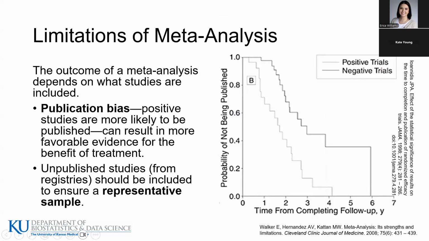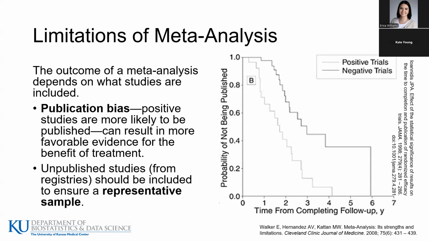Meta-analyses are not without limitations. One limitation that we talked about a little bit earlier is publication bias. Searches of databases like PubMed can yield long lists of studies, but these databases only include studies that have been published.